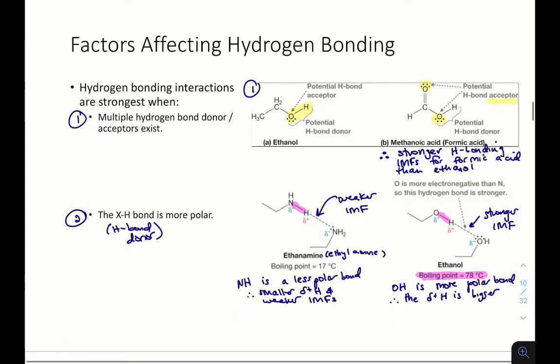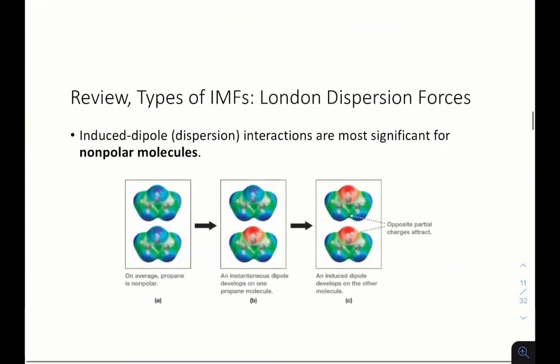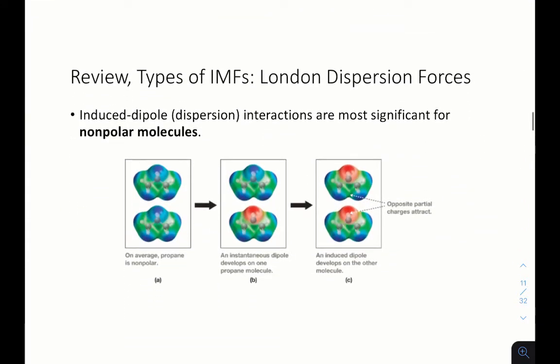Let's move on. We'll look at the third type of intermolecular force of attraction, and one that you have likely encountered before, and that is the London dispersion force. Oftentimes, I abbreviate these as LDF, London dispersion force, but again, they are also known as van der Waals forces, or simply induced dipole or dispersion.